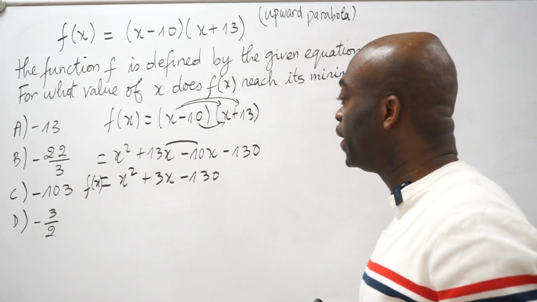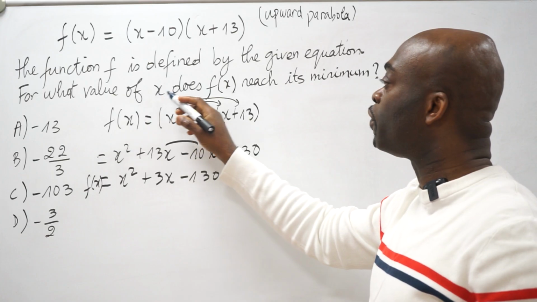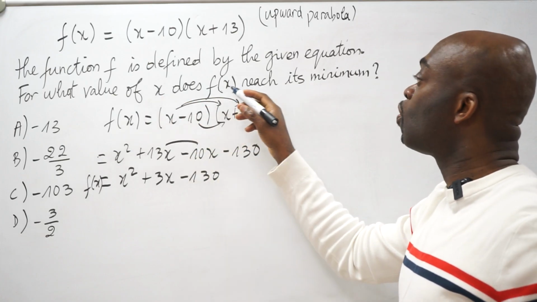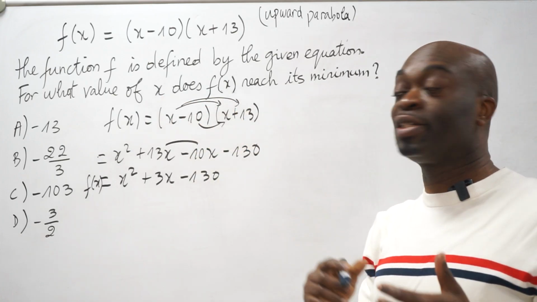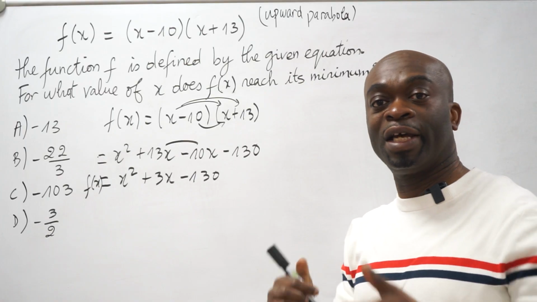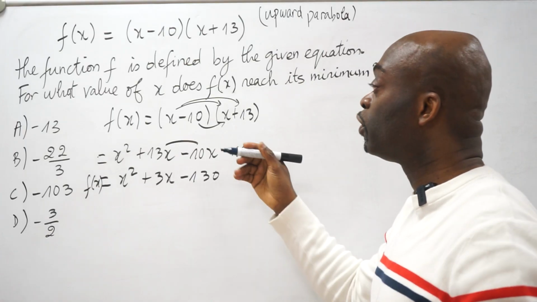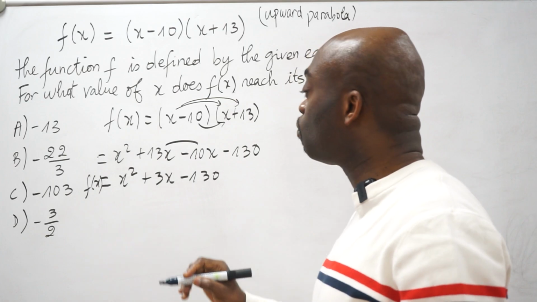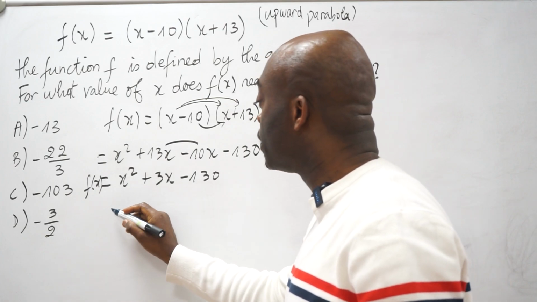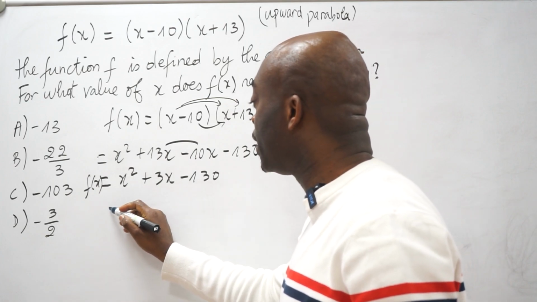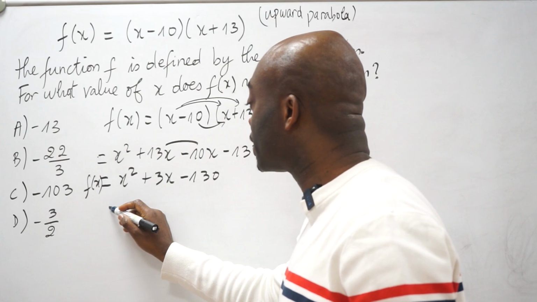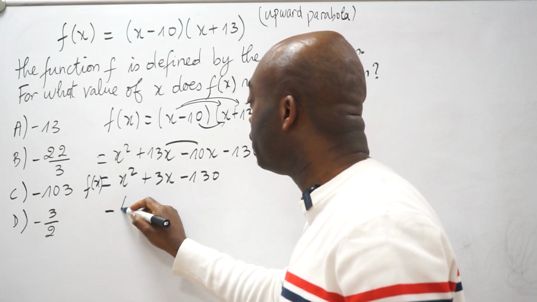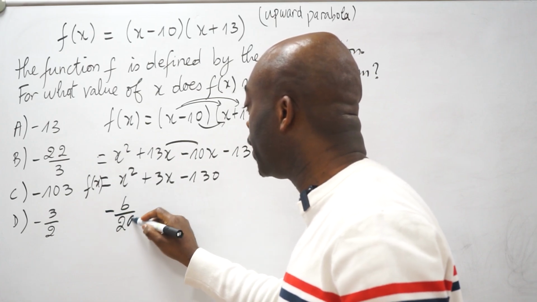So let's keep going. Now, what are we looking for? We're looking for x where f of x reaches its minimum, at the vertex at the bottom. So if we're looking for that x, what's going to happen? For x, we're going to need negative b over 2a.